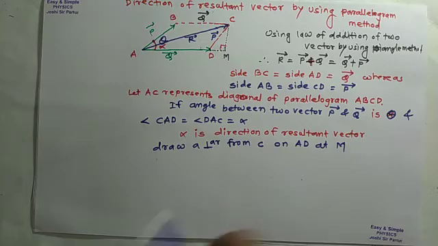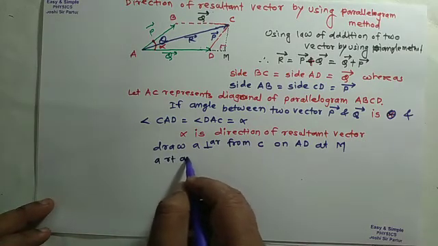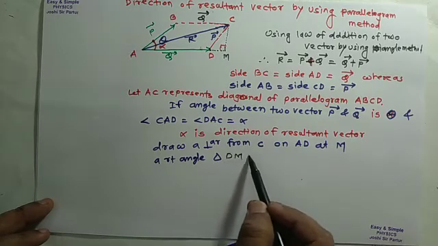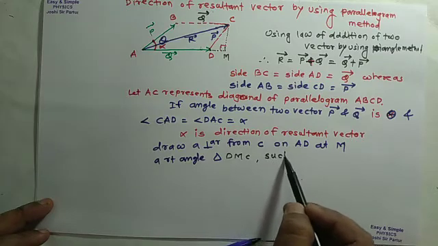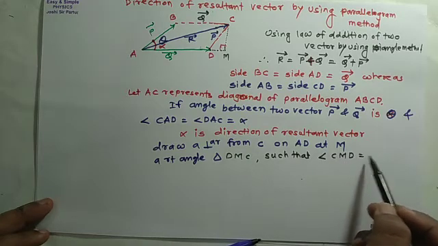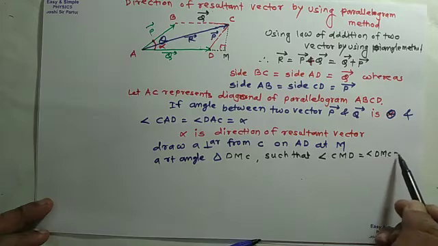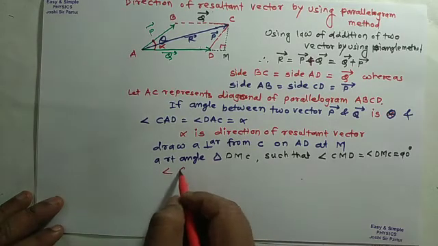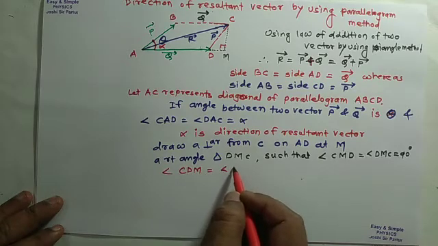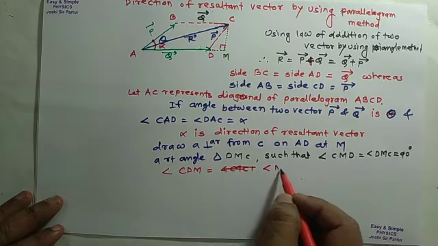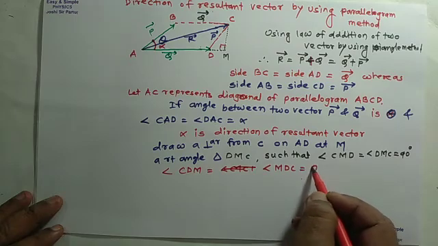In right angle triangle DMC, angle CMD is 90 degree. That is a right angle triangle, and angle CDM is theta.